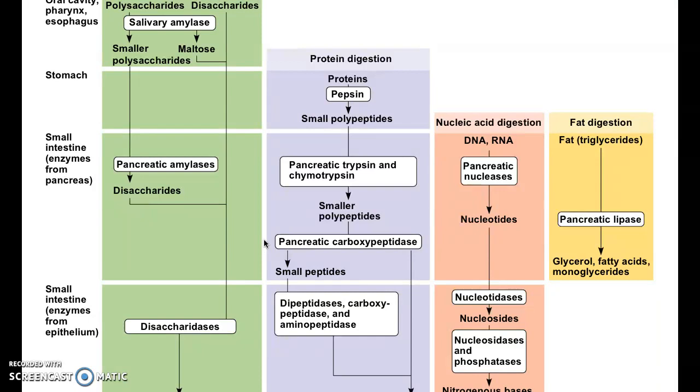Then it goes down, and in the duodenum section, once the stomach acid is neutralized by the bicarbonates in the pancreatic enzymes, it's then broken down into disaccharides. Then it's further broken down by the same amylase enzymes in the small intestines into monosaccharides, and then these monosaccharides are absorbed into the bloodstream.